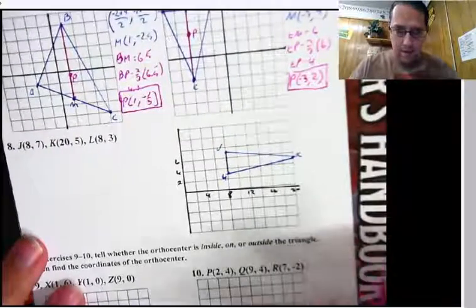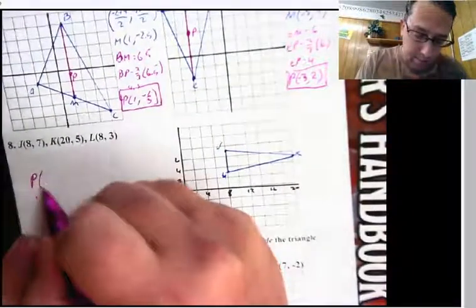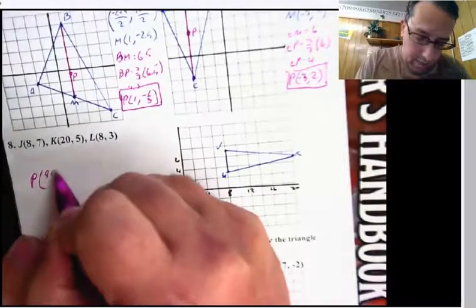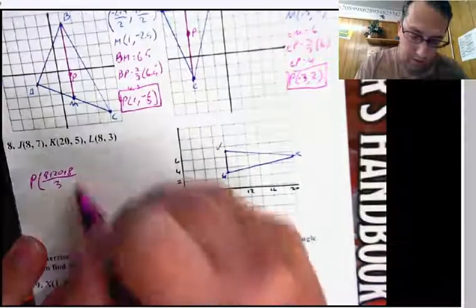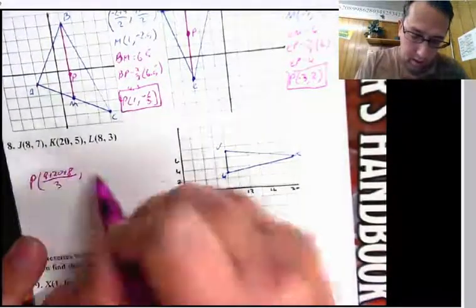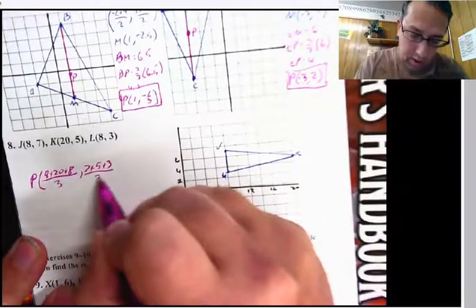Take a look at the midpoint formula, which I just gave you, and P is at 8 plus 20 plus 8 divided by 3, then 7 plus 5 plus 3 divided by 3.